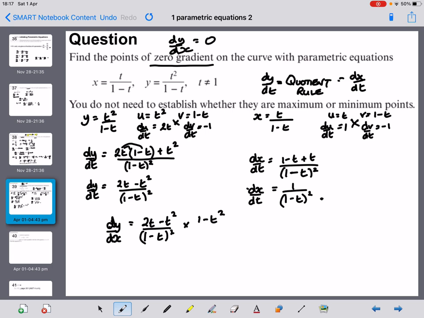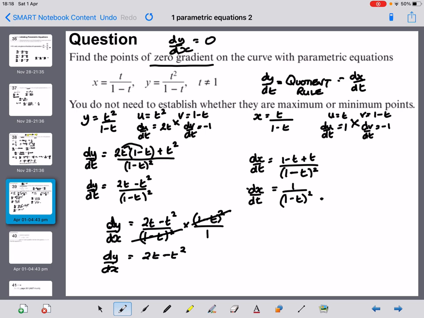Otherwise I'll end up with one fraction over another fraction, and that makes it look more complicated. So I've just multiplied. Dividing by dx by dt is the same as timesing by dt by dx. That cancels out. They're the same, common factor. So dy by dx is simplified to 2t minus t squared.